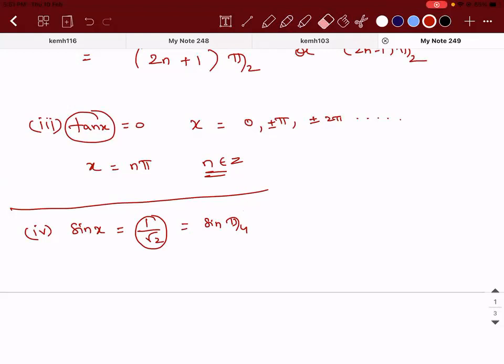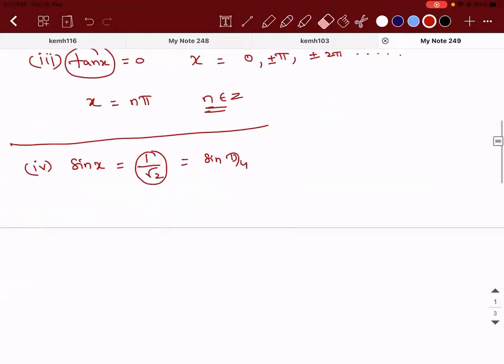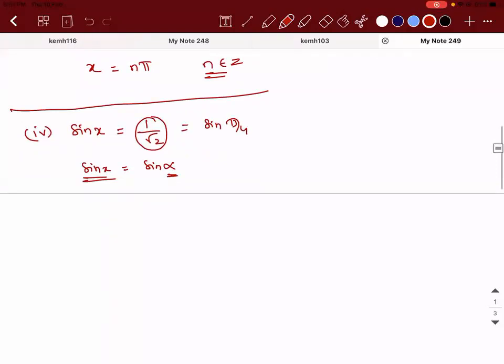So if the question is something like sin x is equal to sin alpha, where in this example alpha is pi by 4, any idea what the solution for this is? X equals pi by 4? Take the particular solution? No. You write n pi plus minus 1 power n into alpha.